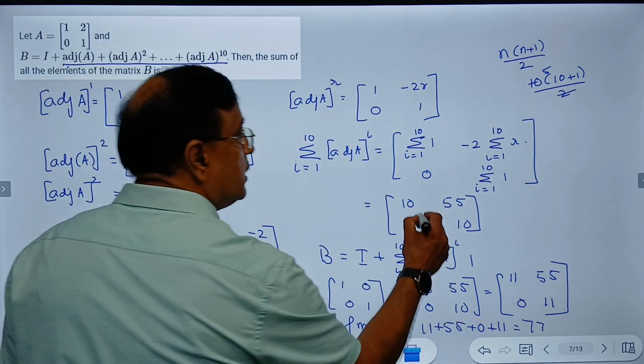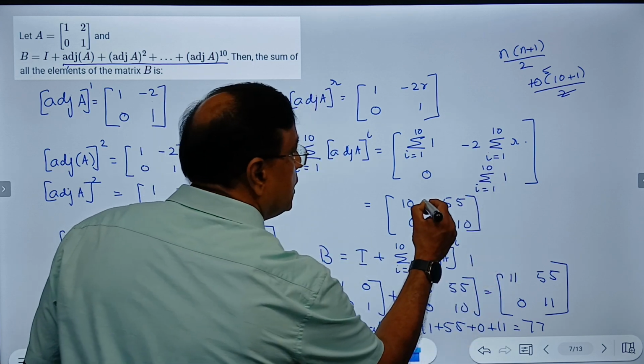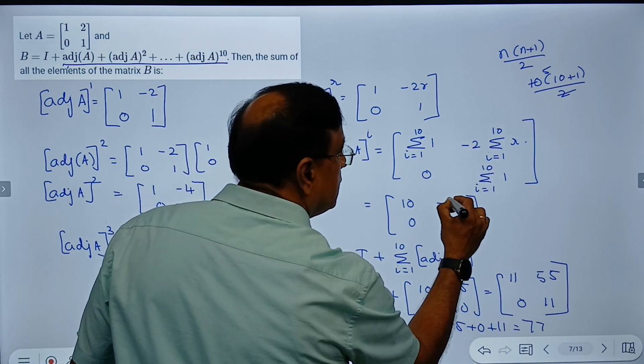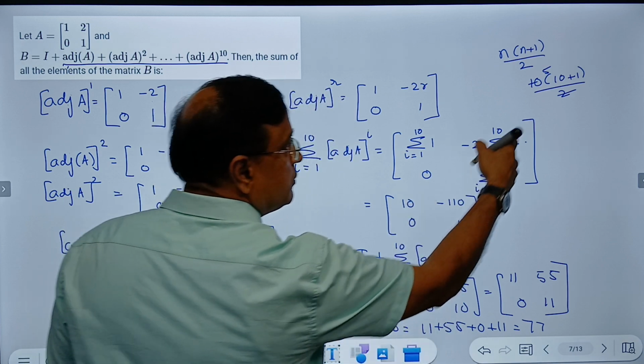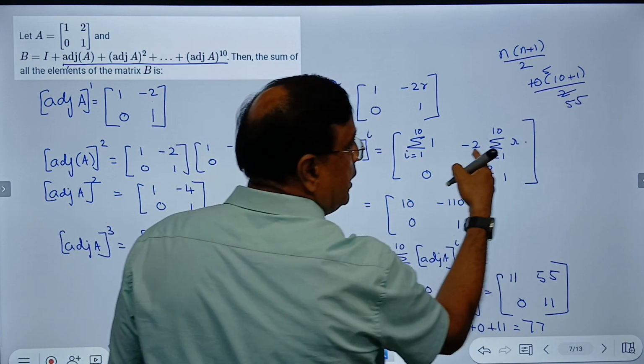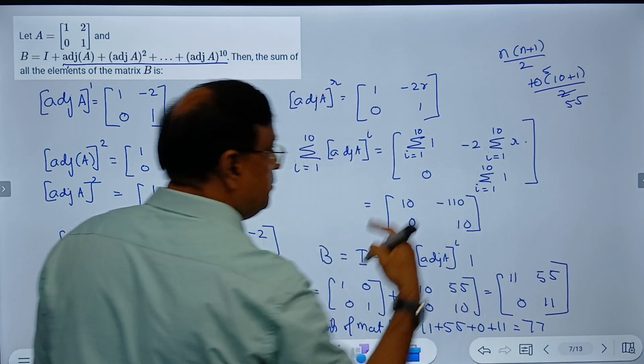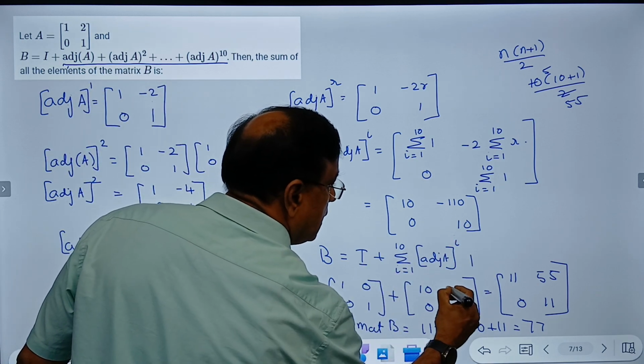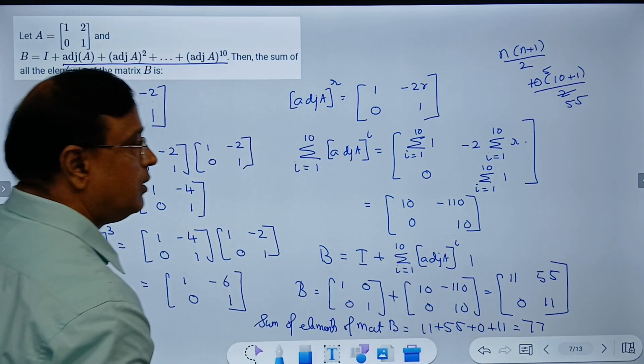Oh, I made a mistake here. I made a mistake, minus 2 into. So it should be minus 110, correct? Because this is 55. I did not take into account this minus 2. I missed it. So it will be minus 110.